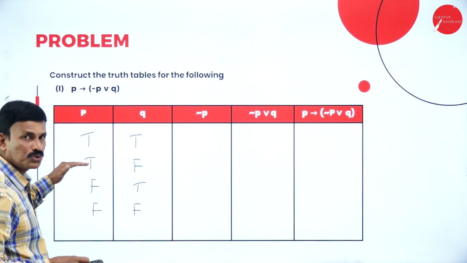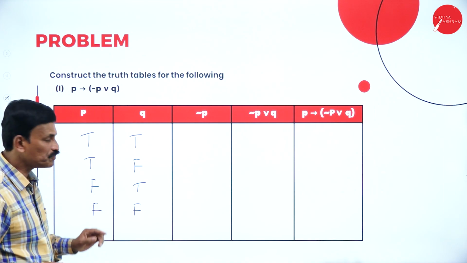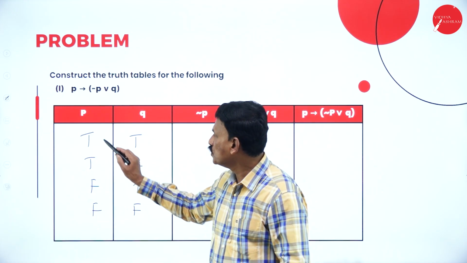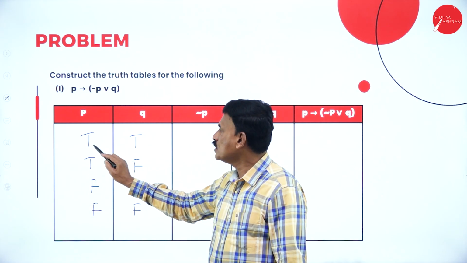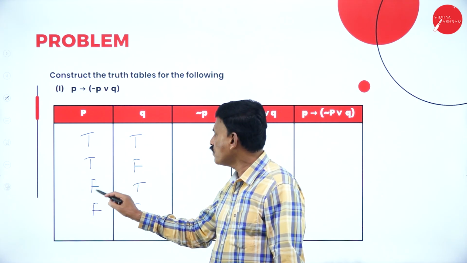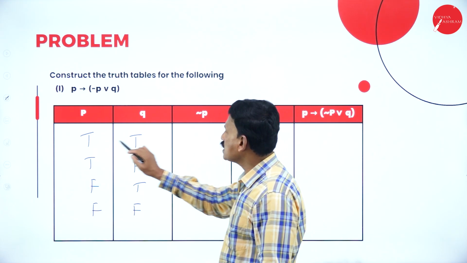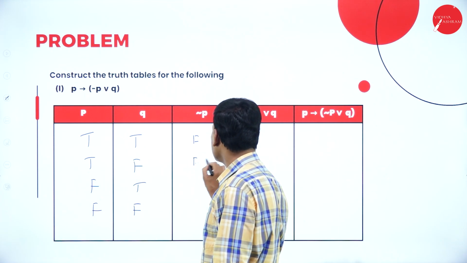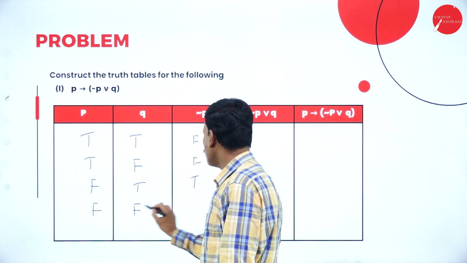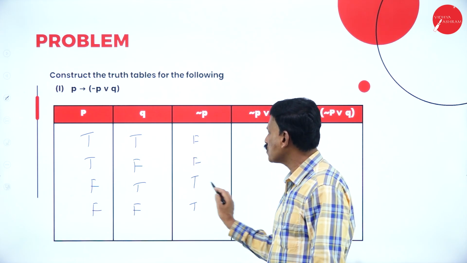For Q alternate true, false. Now for negation of P, what is the negation of P? For true it is false, for true also it is false, for false it is true, for false it is true. So negation of P is false, false, true, true.